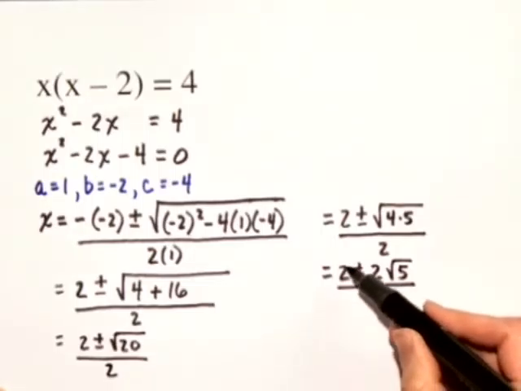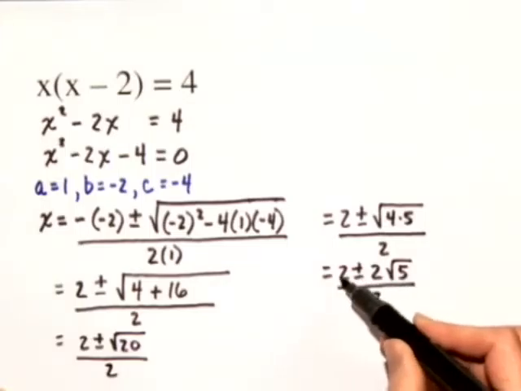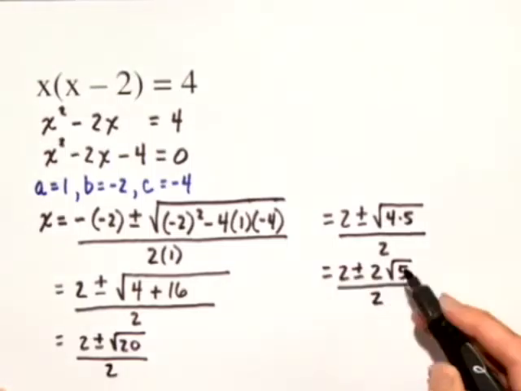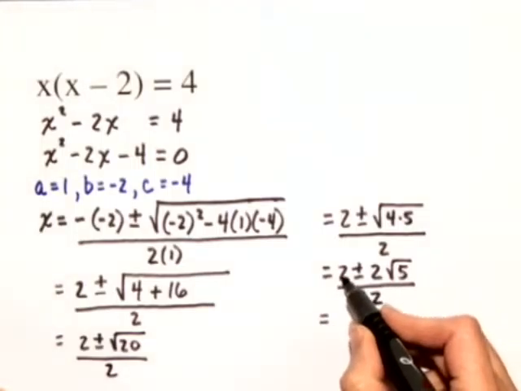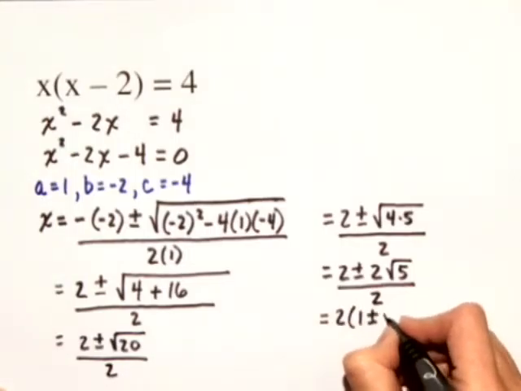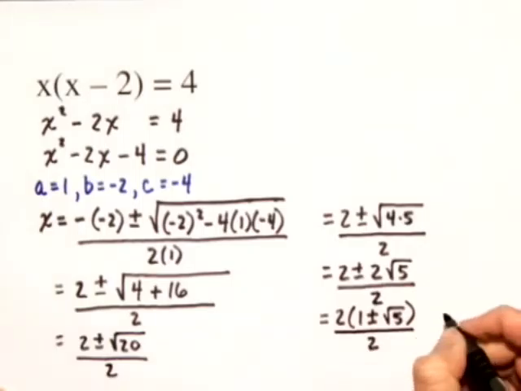Don't cancel just this first 2 with this 2 in the denominator, because really we need to make sure we factor the numerator completely before we divide out any like factors. So in the numerator, we can actually factor out a 2, and we're going to have 1 plus or minus the square root of 5 left, all divided by 2.